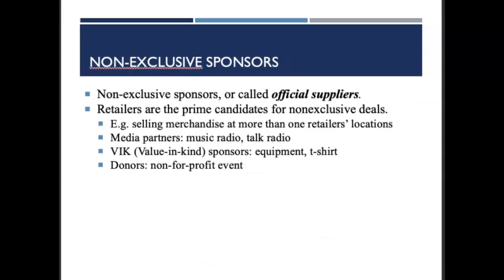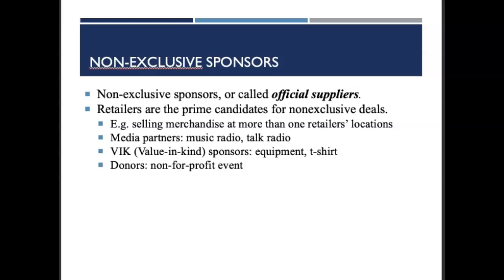The last type of sponsors is called non-exclusive sponsors, which are also referred to as official suppliers. Which means as an event, we don't just collaborate with one, instead we collaborate with multiple different businesses and allow them to have opportunities to sell and promote their products using the power of these sports events.